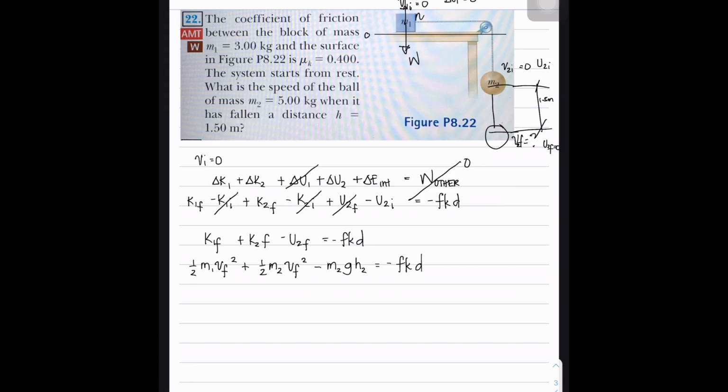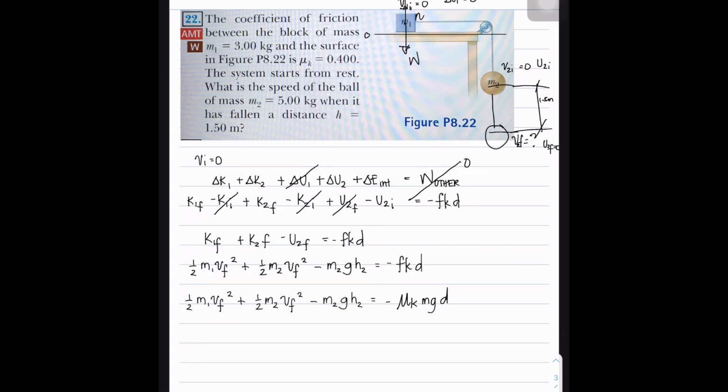Okay, so let me copy this one. It is now equivalent to negative mu k n, which is equivalent to mass times gravity, multiplied with the distance.